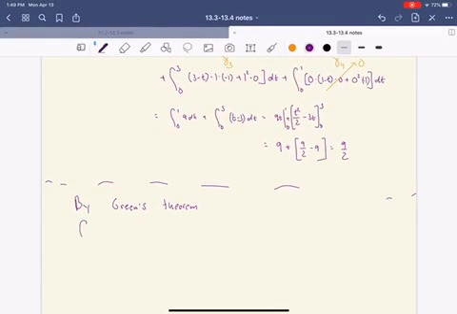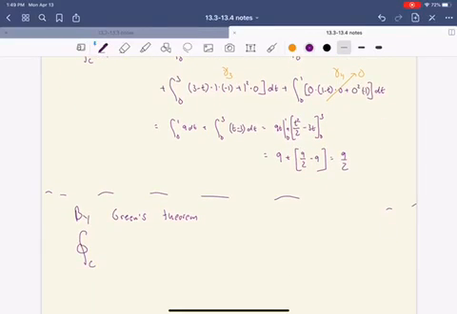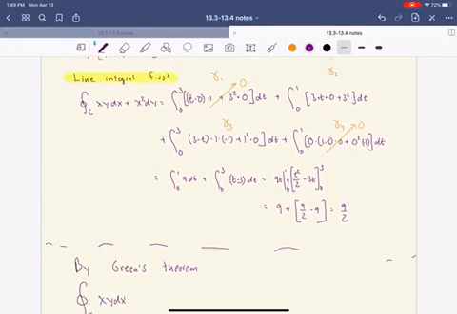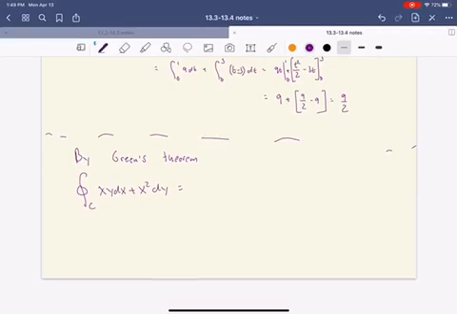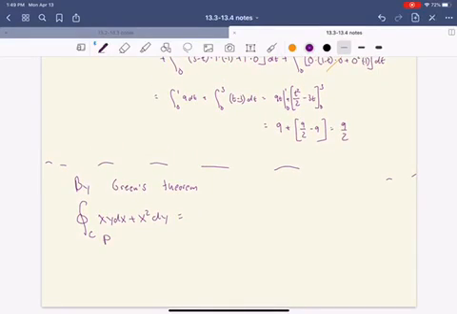The integral over the curve of xy dx plus x squared dy equals, now, this is P and this is Q. And remember, we're doing it over this rectangle.